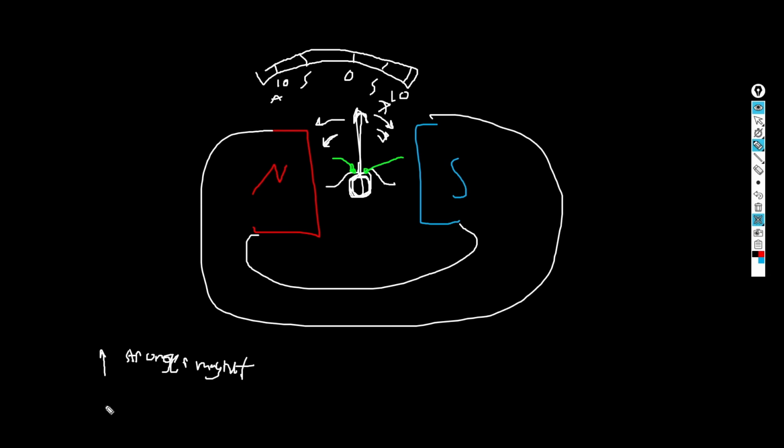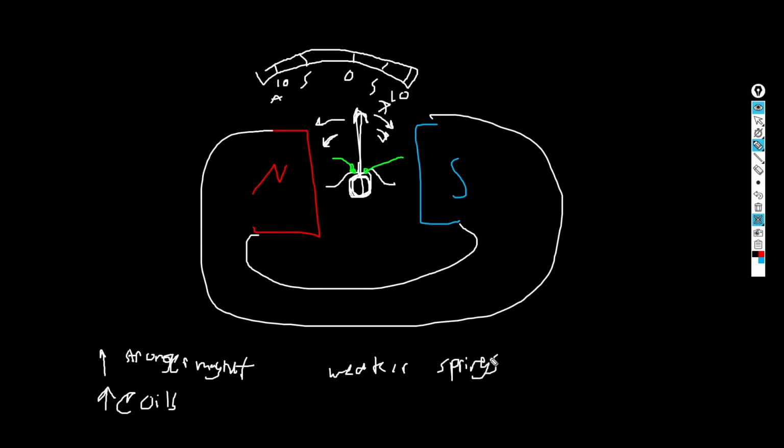Increase the number of coils, more coils. Or you can just use weaker springs, because the springs pull it back into place. So weaker springs. That's how you would increase the sensitivity of the galvanometer.